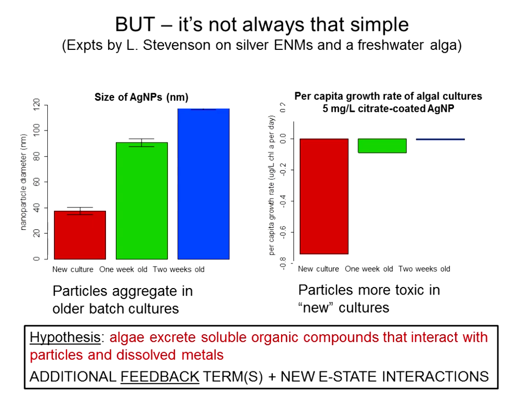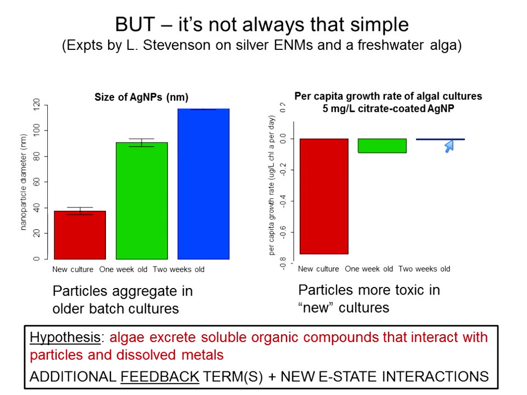The right-hand plot here shows the toxicity of silver nanoparticles to freshwater algal cells exposed during the phase of exponential growth and later on. The basic message is that the effect later on is much, much less than is observed during exponential growth.